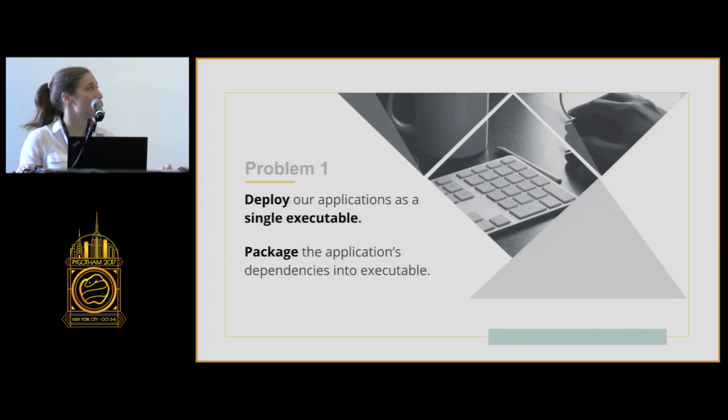Our first problem was that we have multiple applications: 5 different Python applications, 2 open source libraries, a whole bunch of other scripts and different stuff. And we needed a way to deploy them as a single executable on our production machines with all of their third-party dependencies packaged in. I'm sure many of you can relate to the frustration.